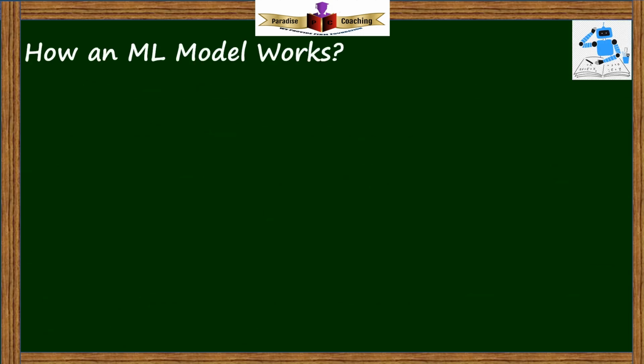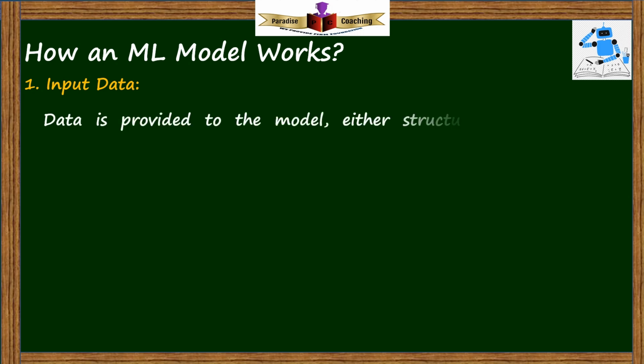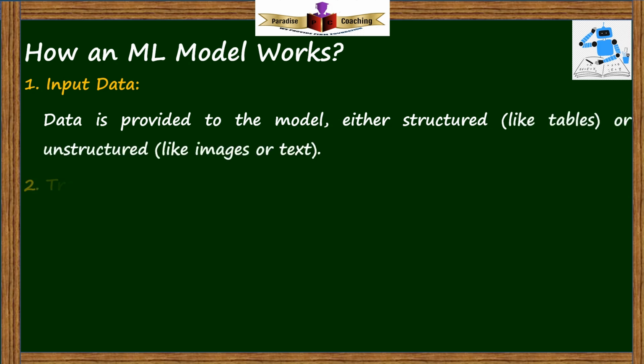How an ML model works. One, input data. Data is provided to the model, either structured like tables or unstructured like images or text. Two, training.